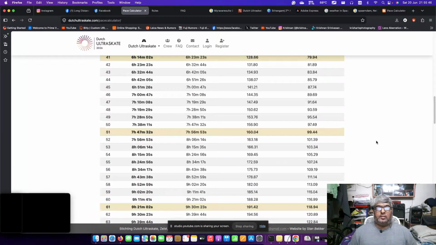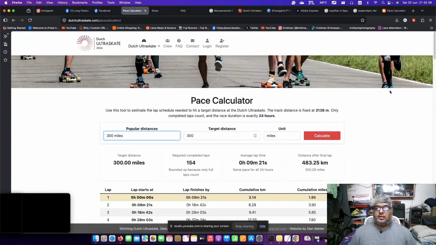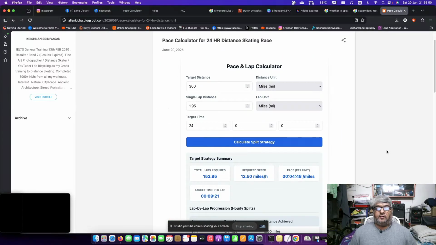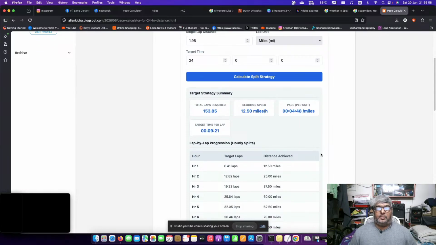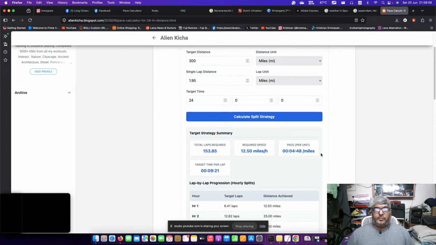There was no pace per kilometer information, and of course the number of laps is needed. The speed needs to be calculated in both kilometers and miles. Those pieces of information were lacking.